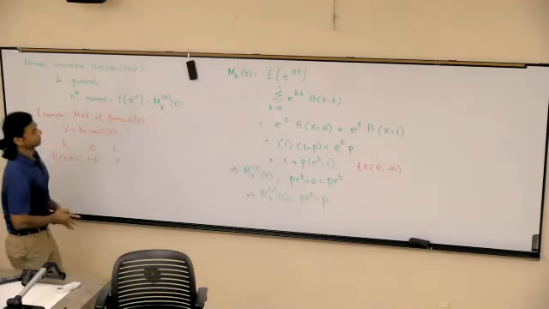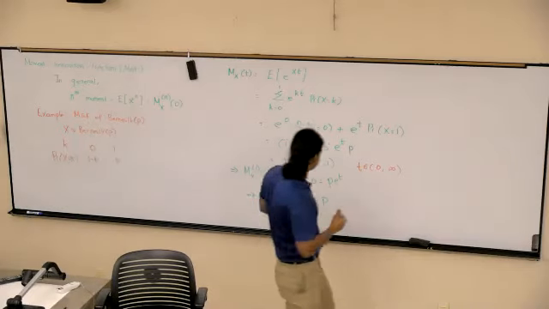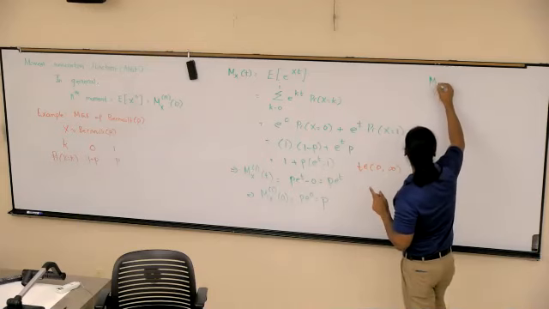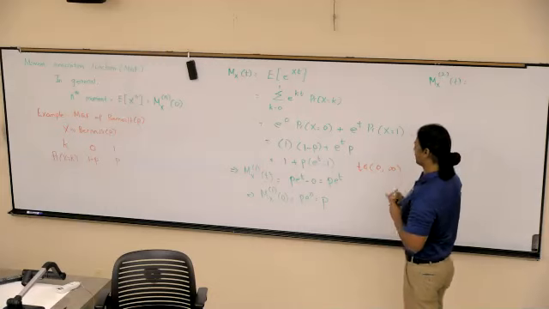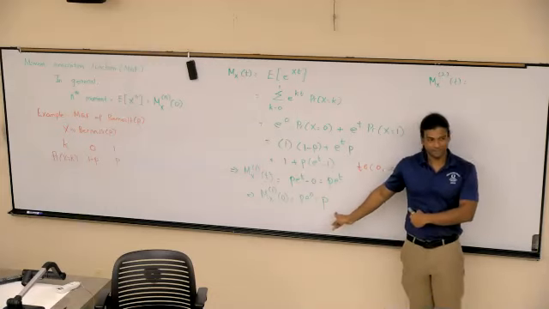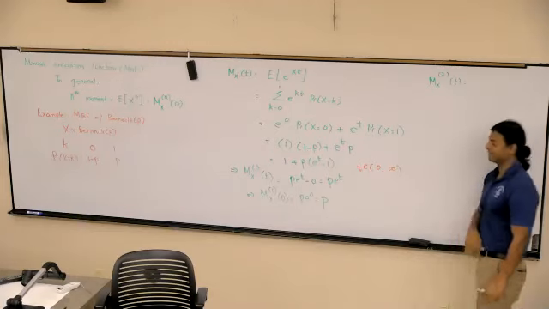Good. Move on. What is the second moment? It is not 0. It is a common mistake where someone would simply put 0 because they look at the previous value and say, oh, that's a constant, so the derivative must be 0.